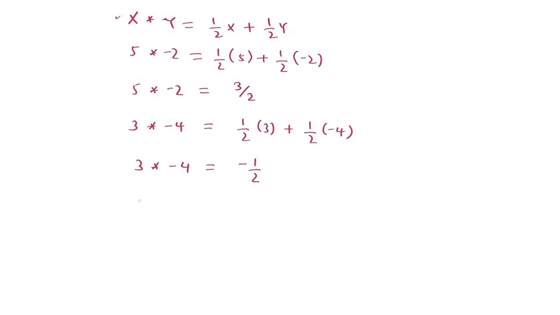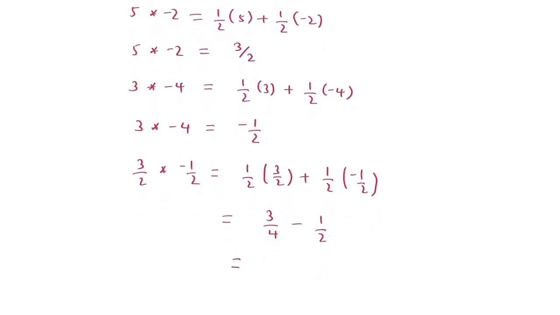Then we are going to have 3 over 2 star negative 1 over 2 equals 1 over 2 times 3 over 2 plus 1 over 2 times negative 1 over 2, of which, solving this, we are going to have 3 over 4 minus 1 over 4. Solving further, we are going to have 1 over 2. Therefore, this is the value required.